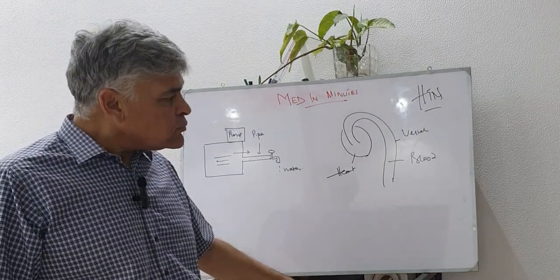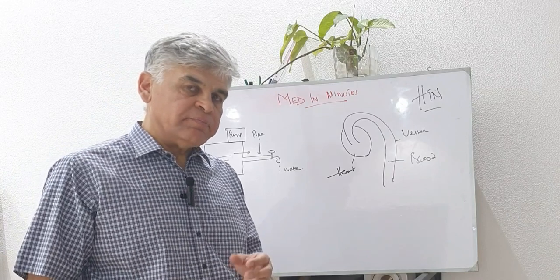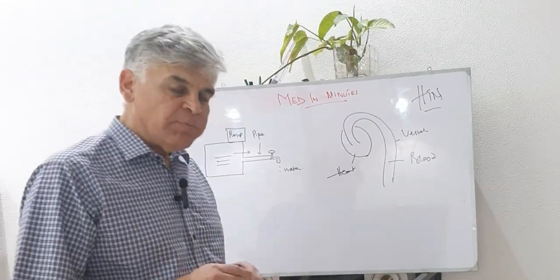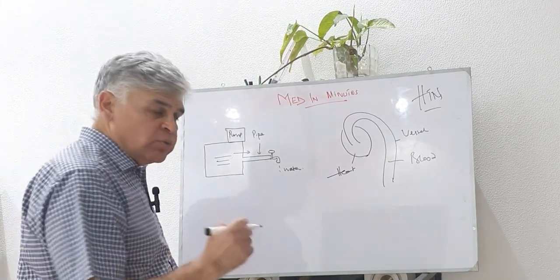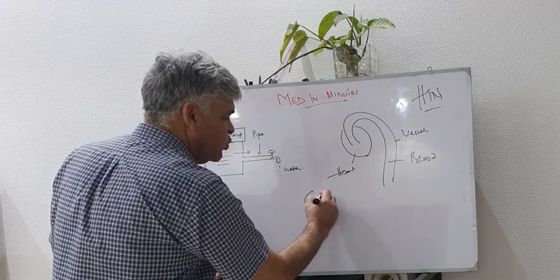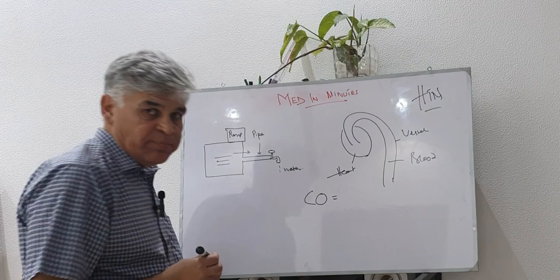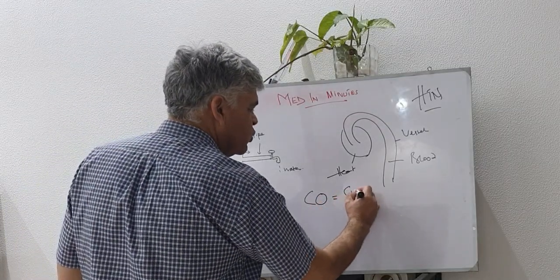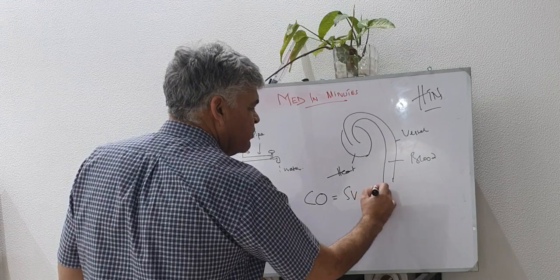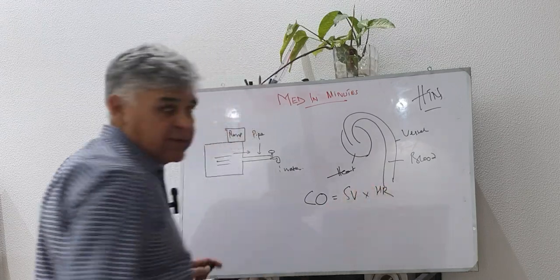Now, when it comes to hypertension, we first of all need to know the physiology of blood pressure. In order to know that, we have to know what cardiac output is. Cardiac output is defined as stroke volume multiplied by heart rate.